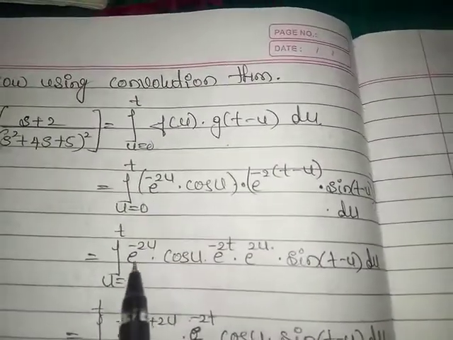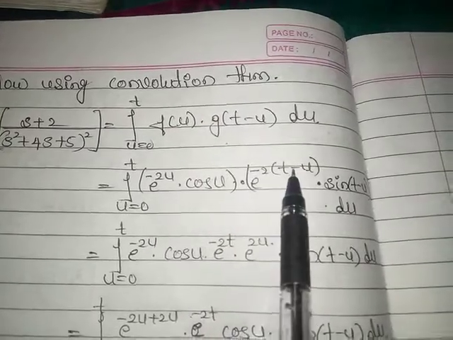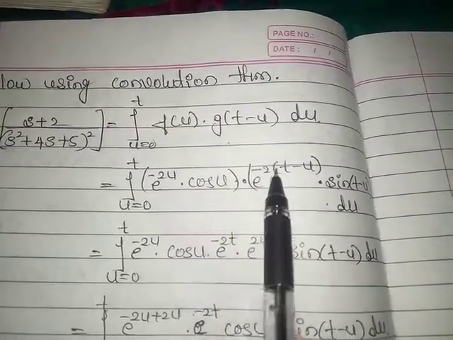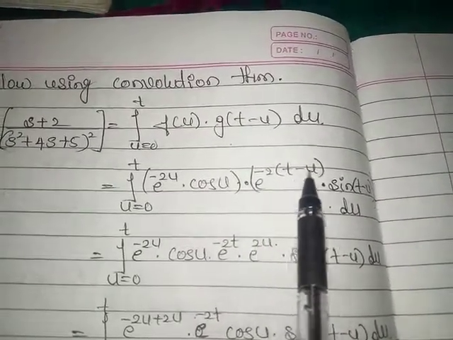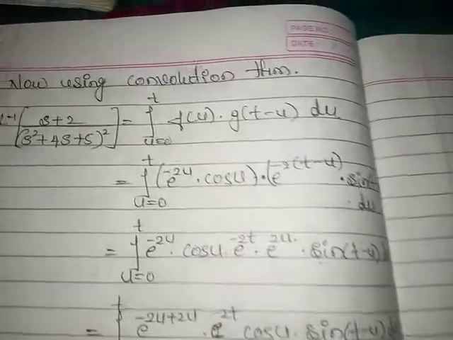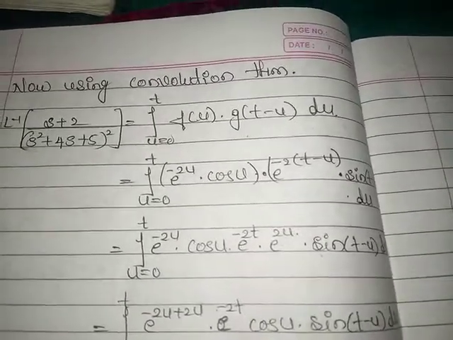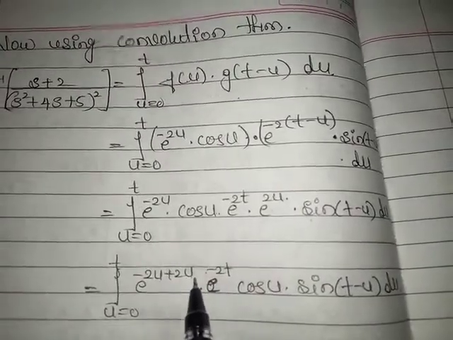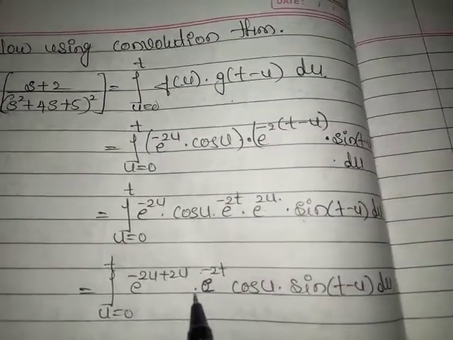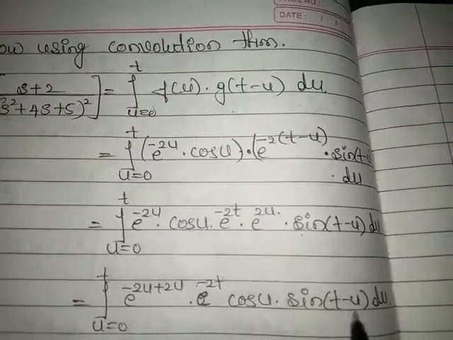Now e raised to minus 2u cos u into, here I will simplify this, e raised to minus 2 into t minus u, e raised to minus 2t into e raised to 2u, sin of t minus u, into du as it is. Here the bases are the same, so we have to add the powers. E raised to minus 2u plus 2u, e raised to minus 2t, cos u into sin of t minus u into du.